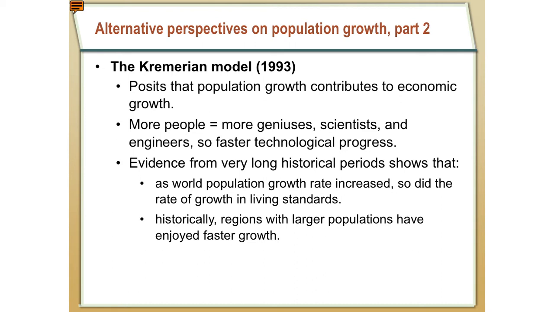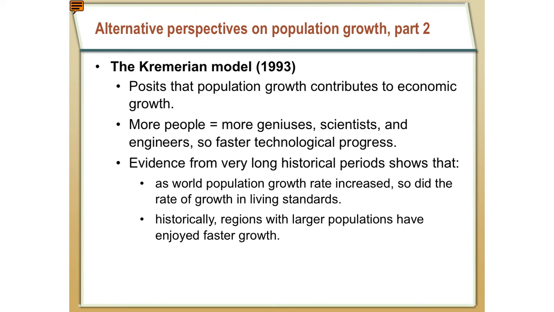And so there is a lot of empirical evidence supporting this. So as world population has grown, so did the growth in living standards. Regions with larger populations have enjoyed faster growth. Dense cities have been areas where ideas flourished and technology has spread very quickly, disseminated into different applications.